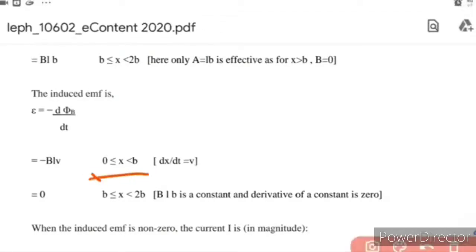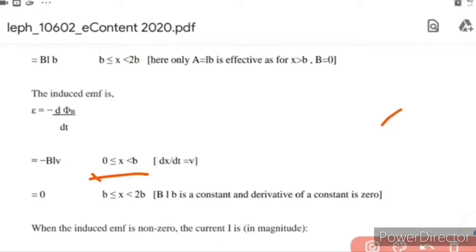You should note that the range of x always remains the same. That is, the first case is between 0 and b, and in the case of 0 and b, the flux is BLx. So we just take d by dt of BLx, which is the same as BL into d by dt of x, and you know dx by dt is v.